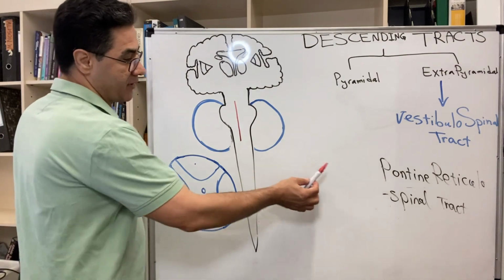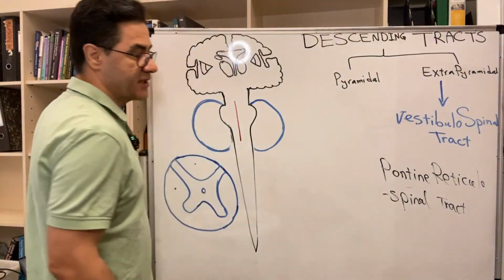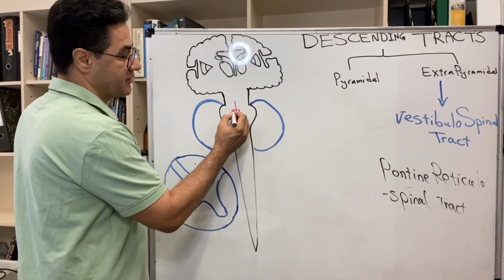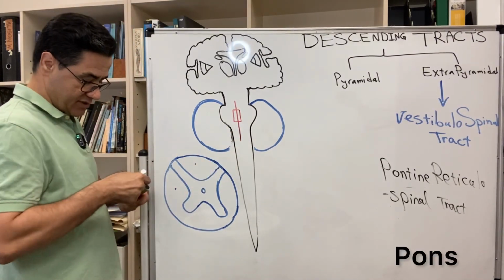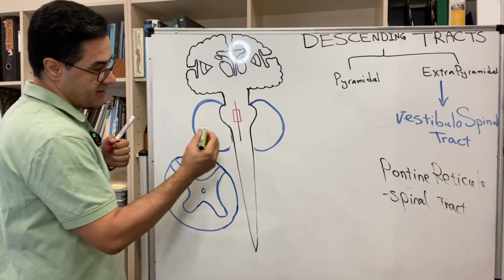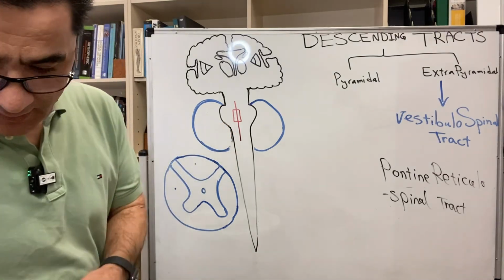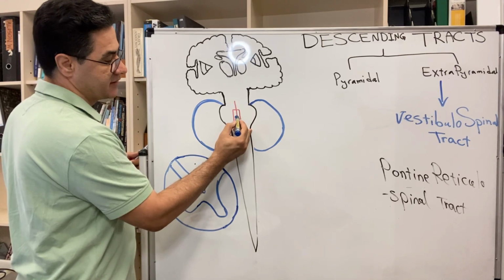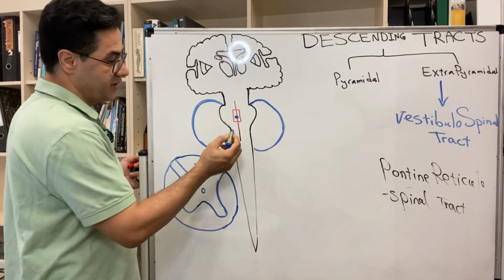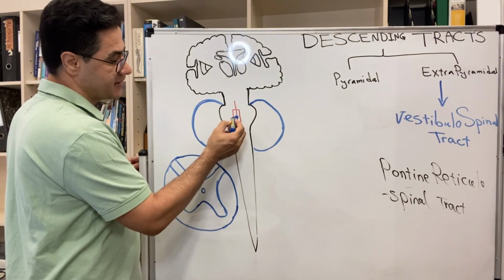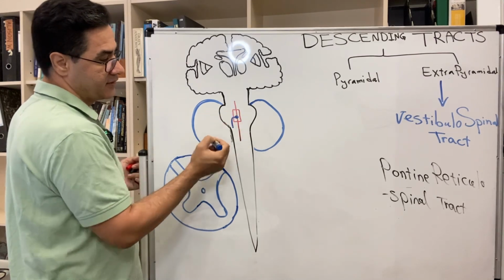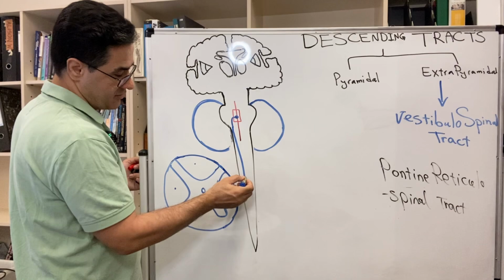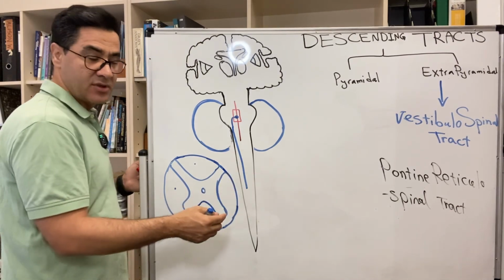So Pontine Reticulospinal Tract, the upper motor neuron cell body is here within the pons, the reticular formation of the pons. So imagine that this is the cell body of the upper motor neuron, and the axon exiting the nucleus, and then it runs all the way down to getting into the spinal cord.